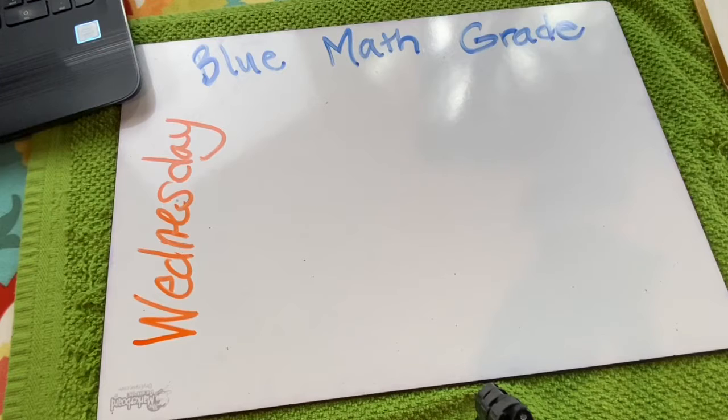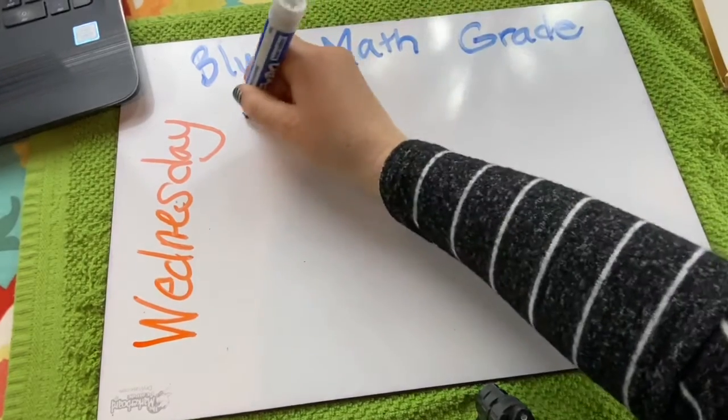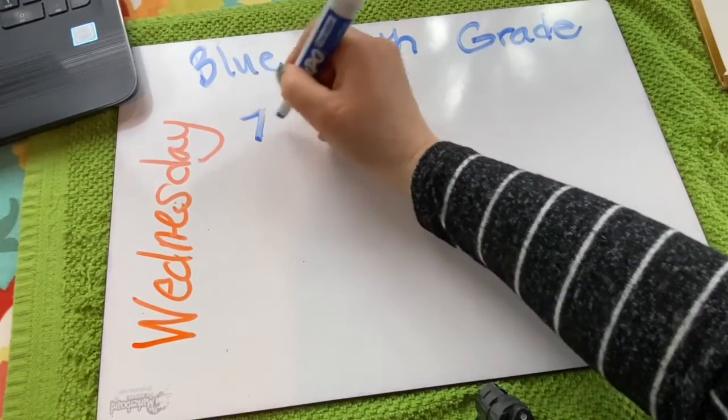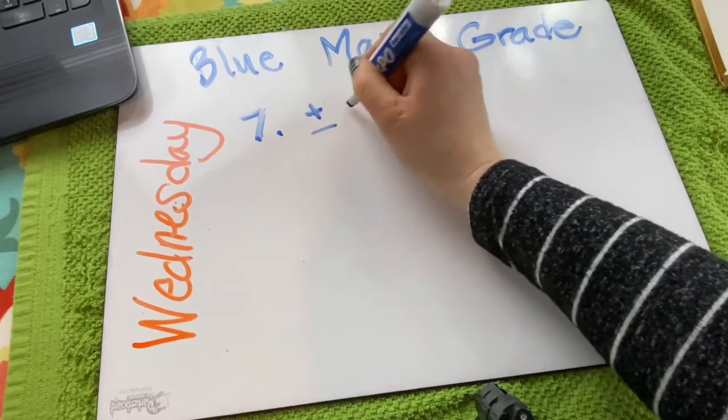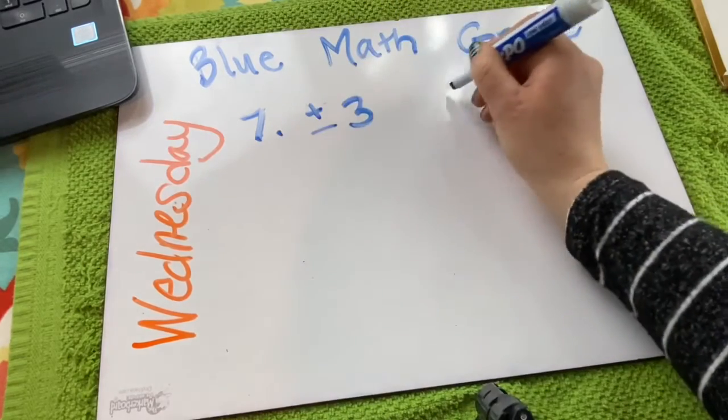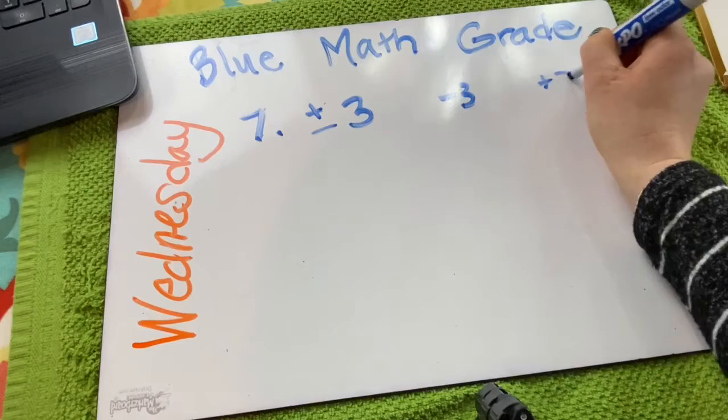6.1. Okay, here we go. 6.1, number 4. Right? You guys did 4 through, no, 7 through 21. Okay. Number 7. Ooh, that will be plus, minus 3. Or negative 3 and positive 3.